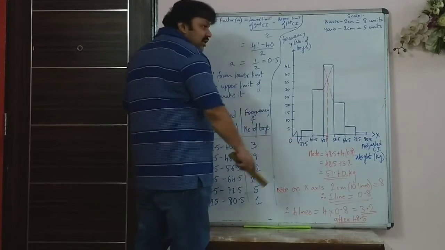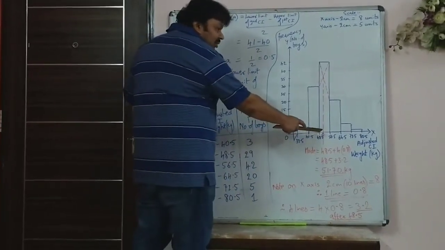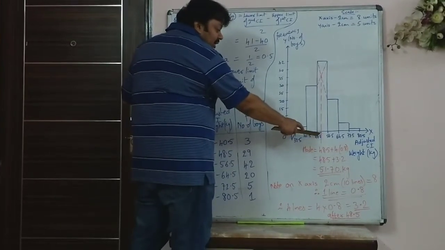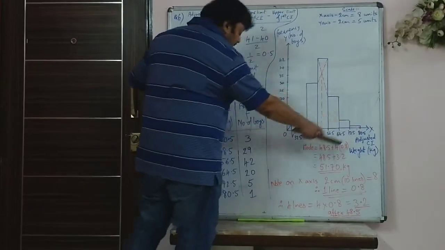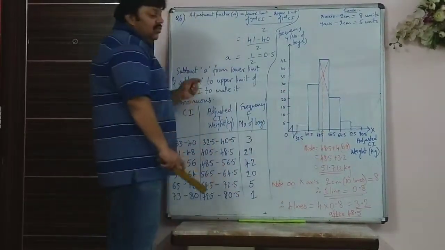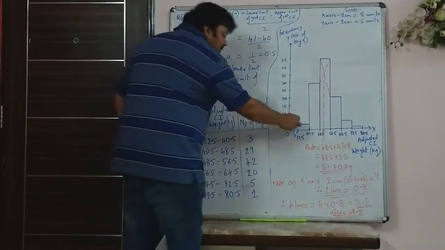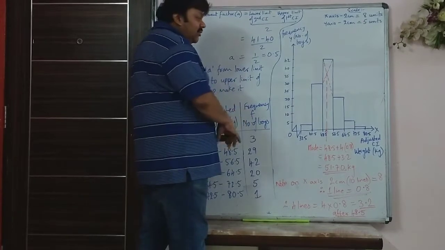Then exactly 2 centimeter, 40.5. Then after one more line, that is 2 centimeter, 48.5. Same way 56.5, 64.5, and the last one ends at 80.5. So each is a 2 centimeter interval, or one line in your big graph.